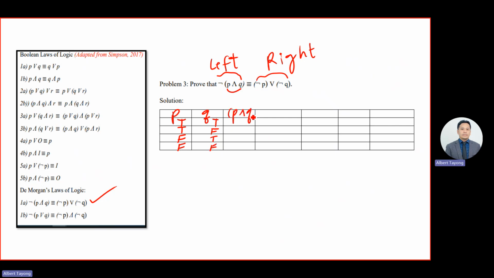So our P and Q inside: true and true is true, true and false is false, false and true is false, false and false is false.